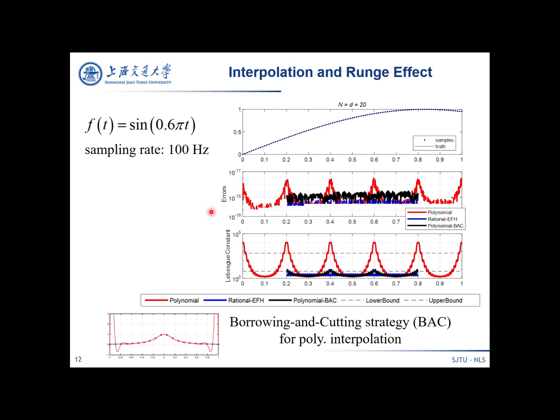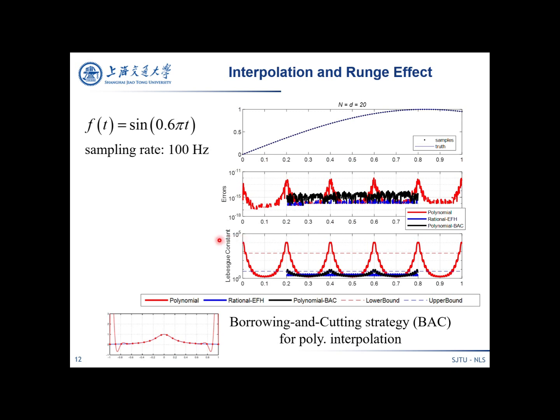It appears that the polynomial interpolation in red has a much larger Lebesgue constant and larger interpolation errors as well, especially on the boundary of each interpolation window here.